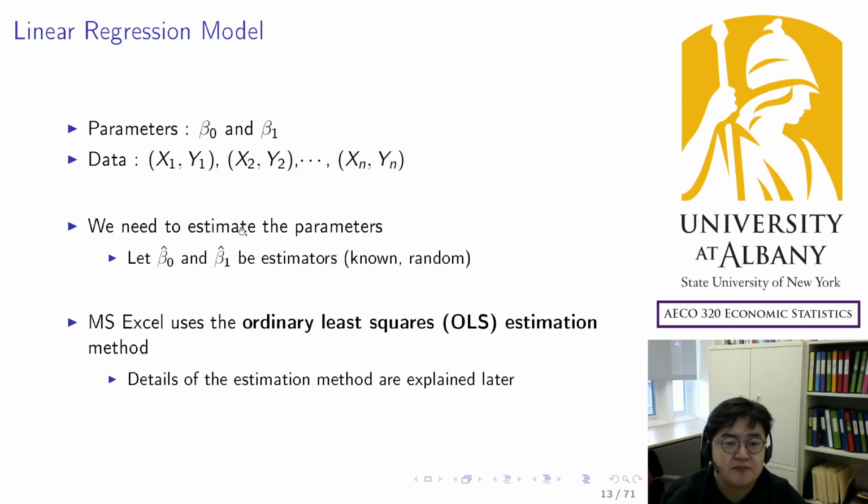And as a result, you are going to have beta 0 hat, which estimates beta 0, and beta 1 hat, of course, which is beta 1's estimator. Later, we are going to learn the sampling distribution of beta 0 and beta 1.